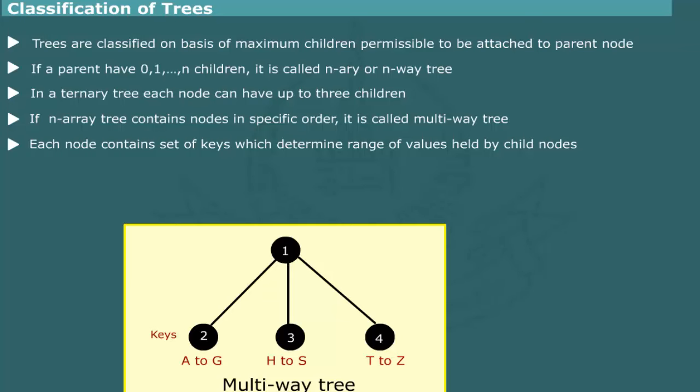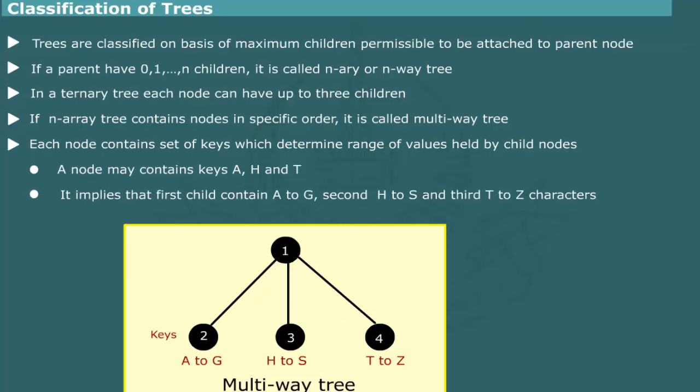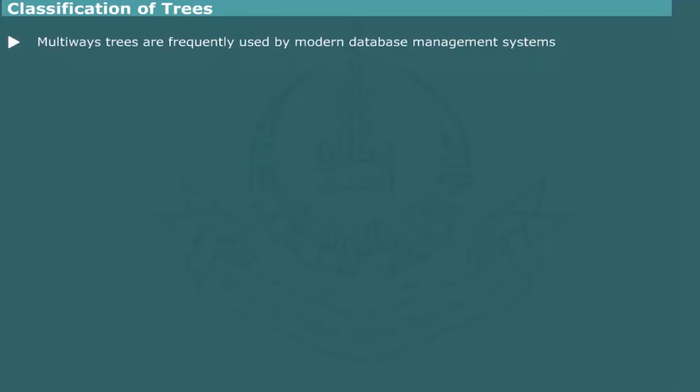For example, in a ternary tree, a node may contain keys A, H, and T to imply that the first child would contain a character in the range A to G. The second child would contain characters in the range H to S, and the third would contain characters in the range T to Z. Multi-way trees are frequently used in modern database management systems to facilitate rapid searching of indexed records.